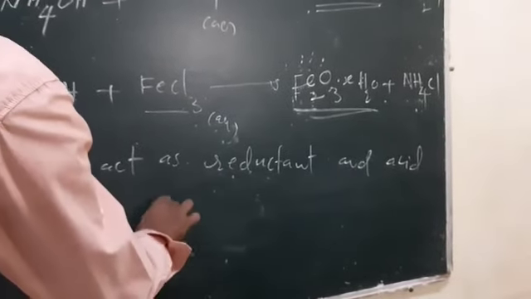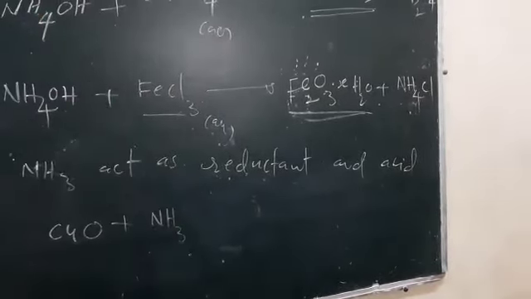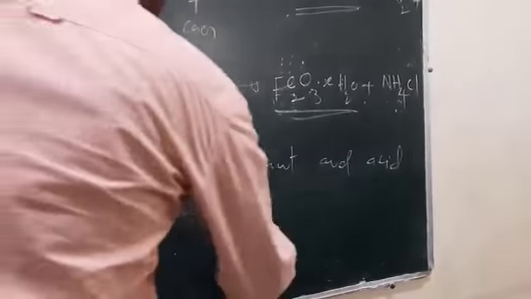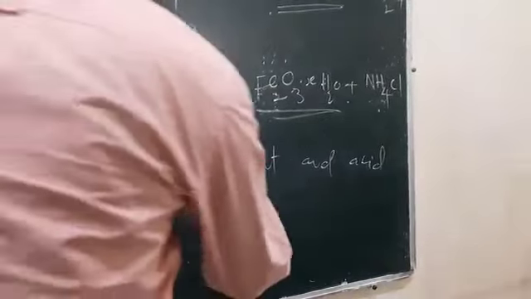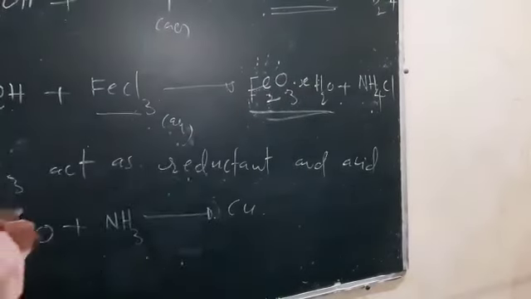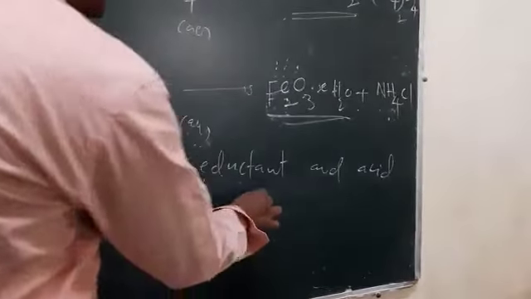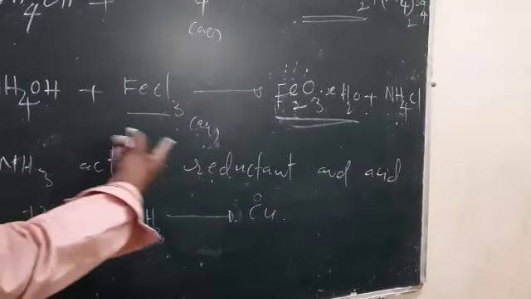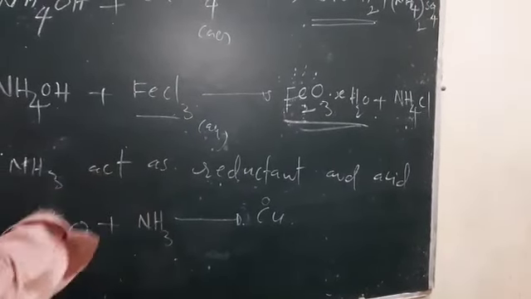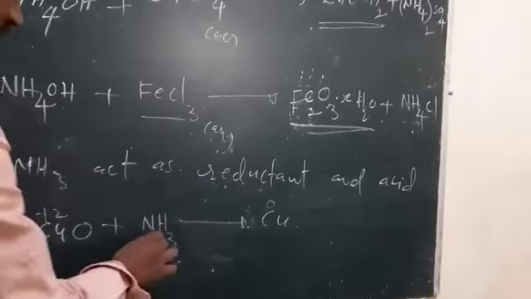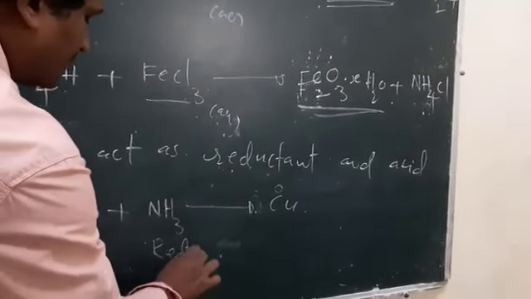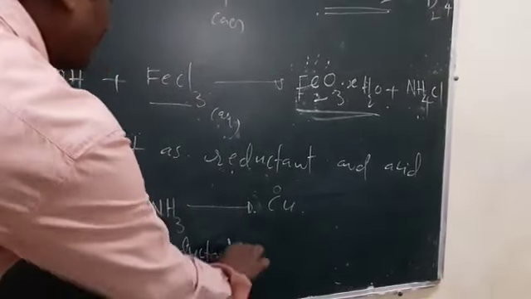When cupric oxide reacts with ammonia, it forms copper. So the plus 2 oxidation state goes to 0, which means it is reduced. Who reduces it? Ammonia reduces it, so ammonia is a reductant. Here copper, nitrogen and H2O are formed.